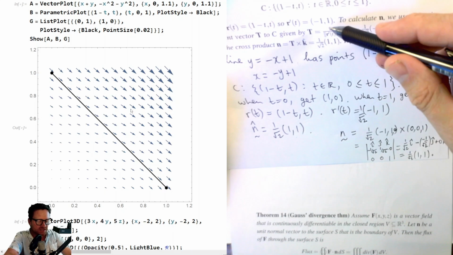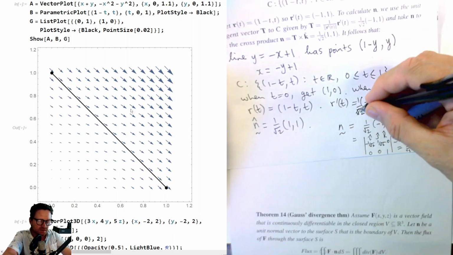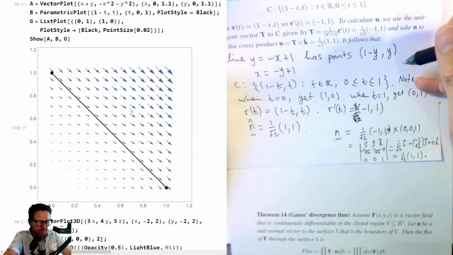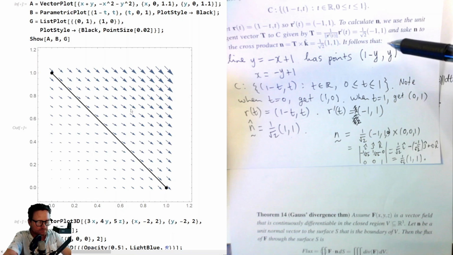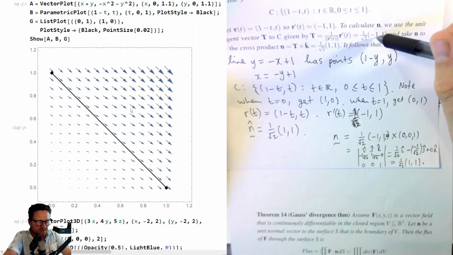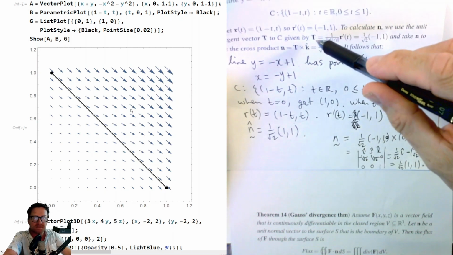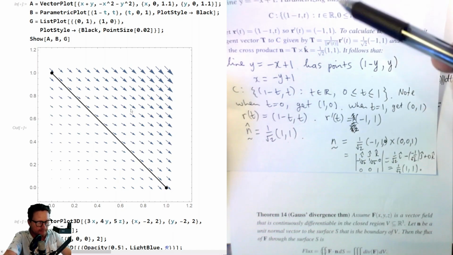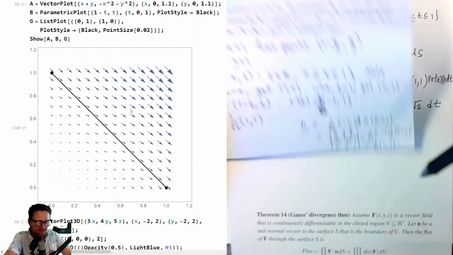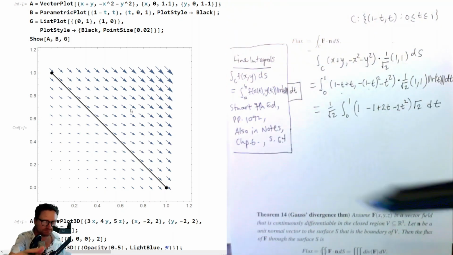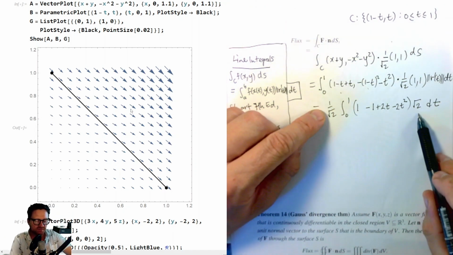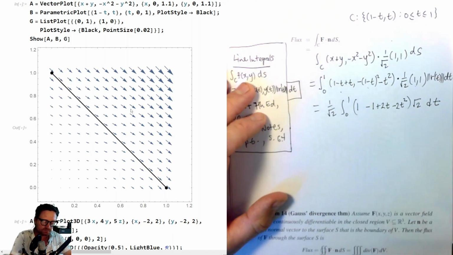The norm of r dash is root 2. So no, this is not right here. Okay, so go back and get rid of that 1 on root 2 there, because that's t, right? That's the unit tangent vector. Okay, so it's just minus 1, 1. So yes, the norm is root 2. Okay, so these two root 2's can cancel one another.